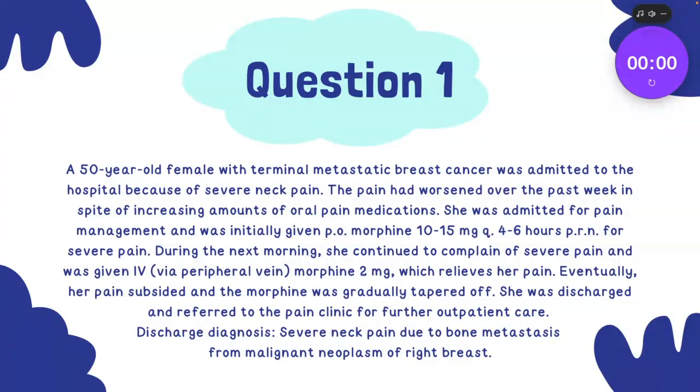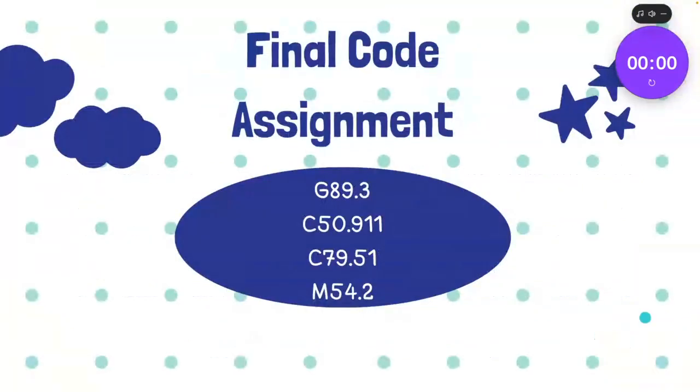All right. So here are the codes. First, we are capturing the neoplasm related pain code G89.3.